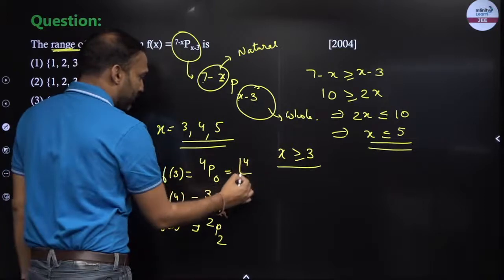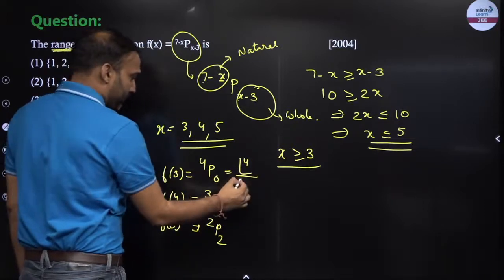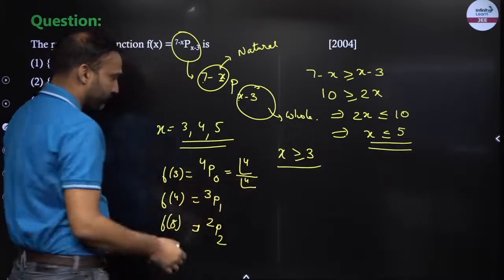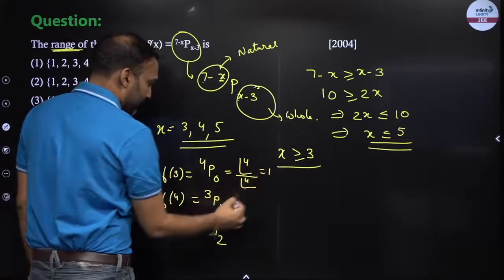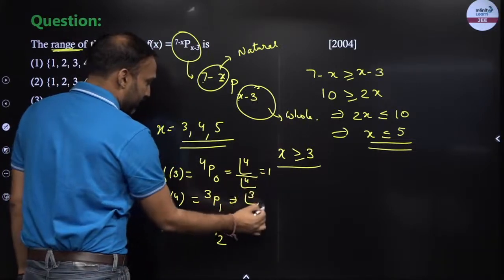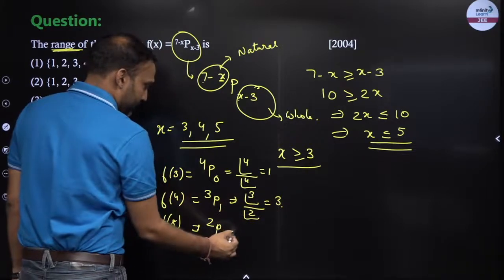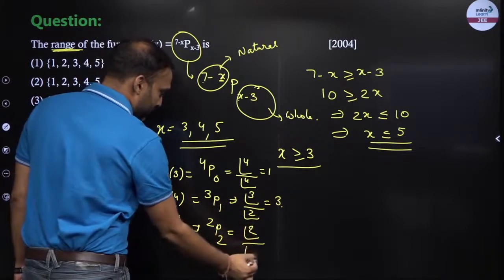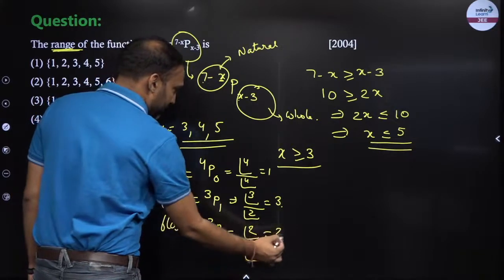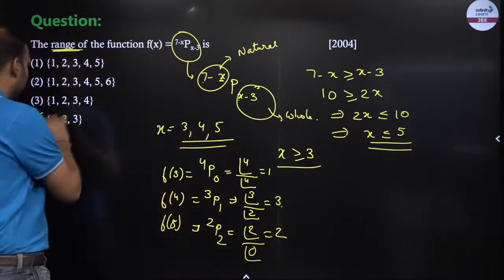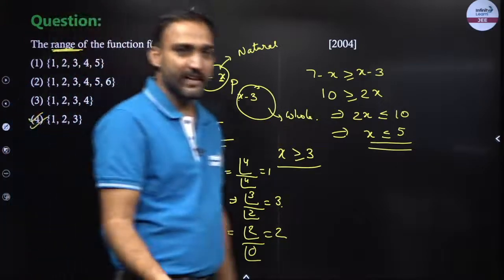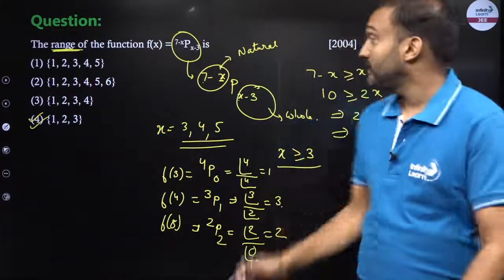That is factorial 4 upon factorial 4, which is 1. This is factorial 3 upon factorial 2, which is 3. This is factorial 2 upon factorial 0, and that is 2. So 1, 2, 3, which is your option number 4, the range of this particular function.